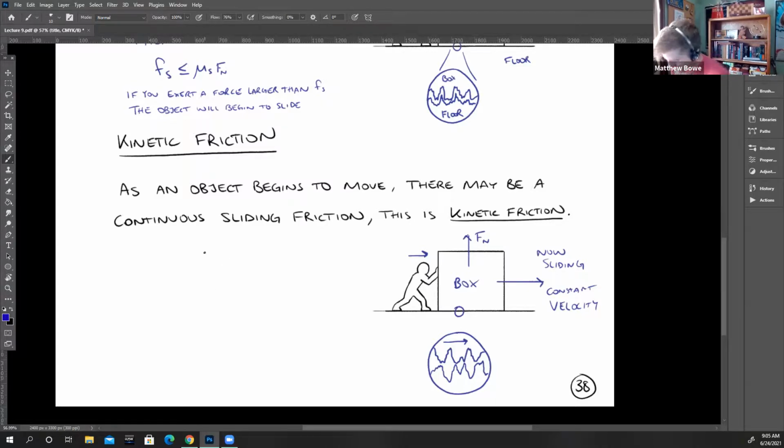Let me do the equation. This is the force of kinetic friction is equal to the coefficient of kinetic friction times the normal force. This is mu k, of kinetic friction.